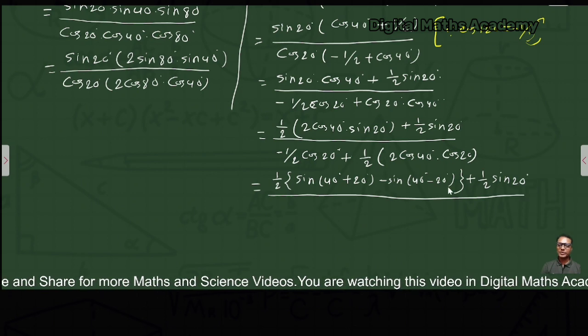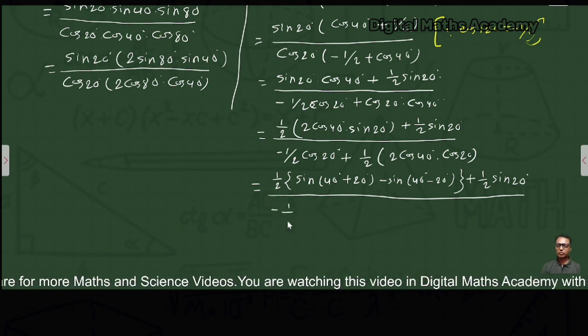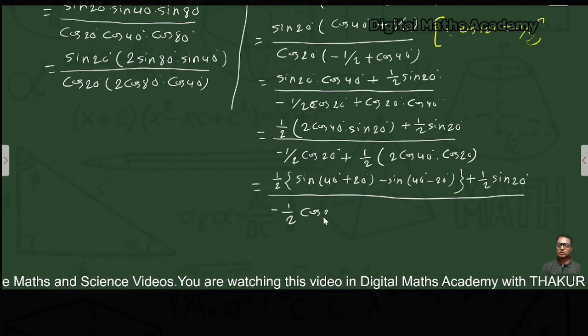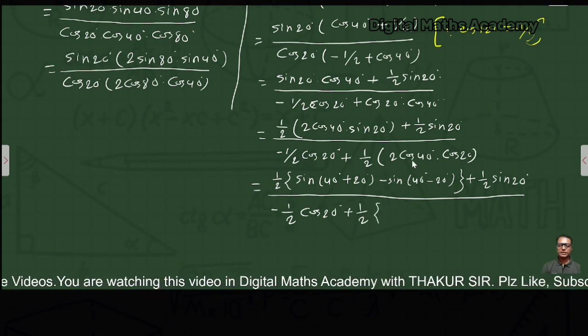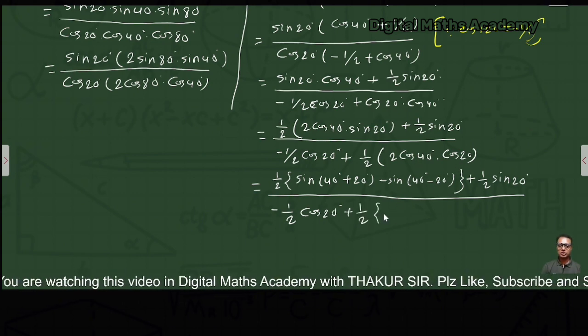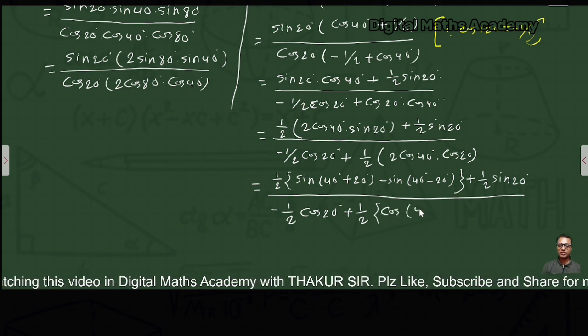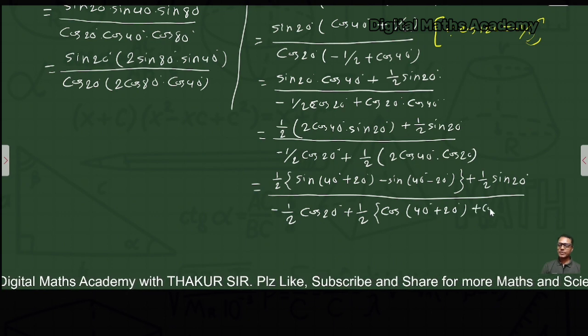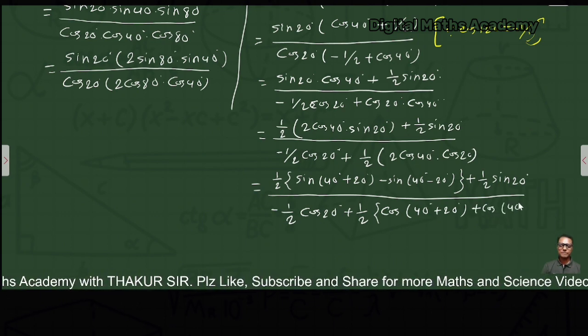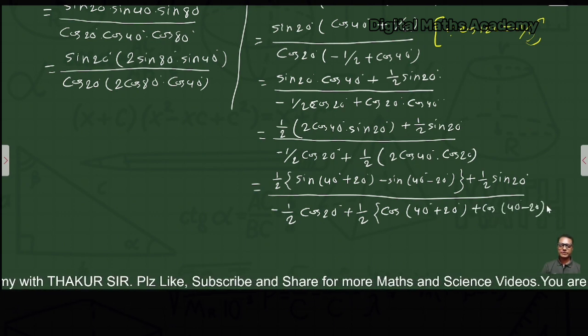At the denominator we write minus 1 by 2 cos 20 degree plus 1 by 2, and 2 cos a dot cos b, that is cos (a plus b), 40 plus 20, plus cos (a minus b), 40 minus 20 degree.